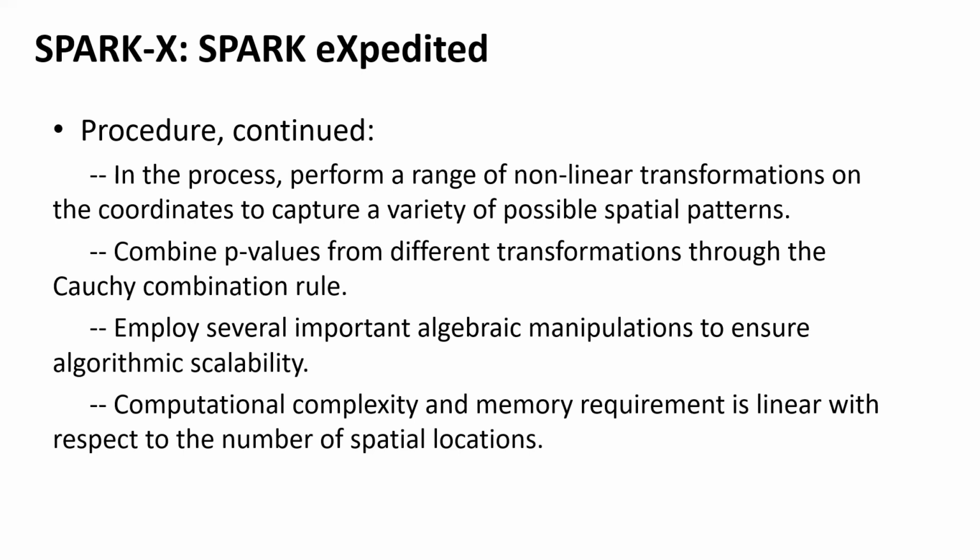So we performed about 10 different nonlinear transformations. For each transformation we compute a p-value, and then we combine the p-values across these 10-ish transformations through, again, the Cauchy combination rule. And in the process, which is very critical, we developed a lot of algebraic innovations or manipulations to ensure the algorithm is actually scalable.